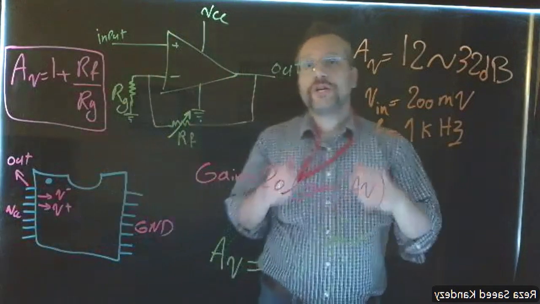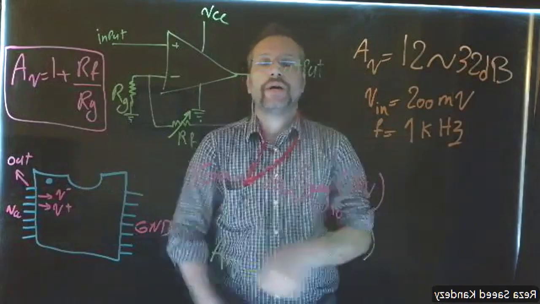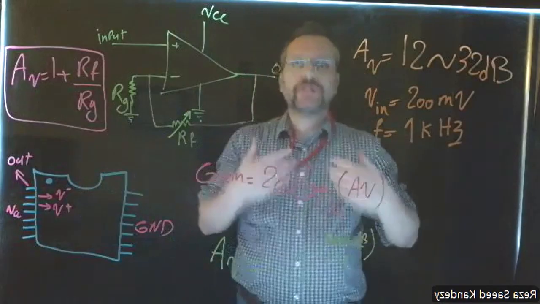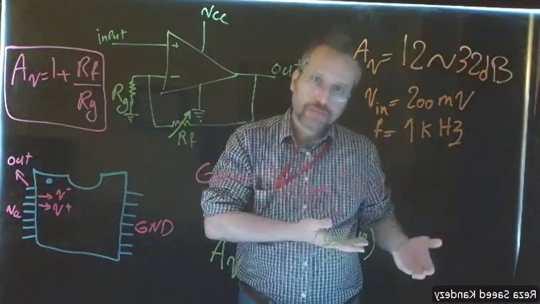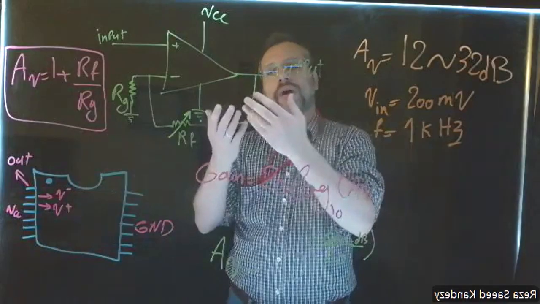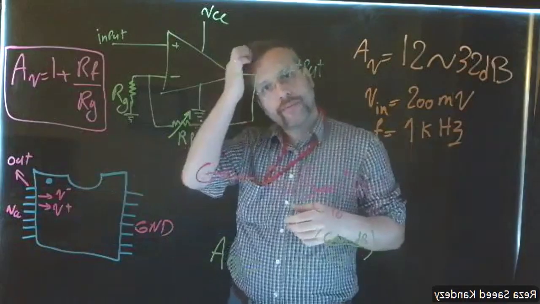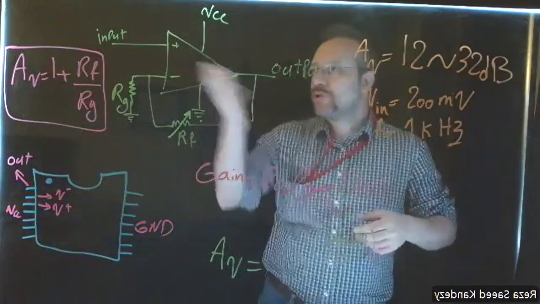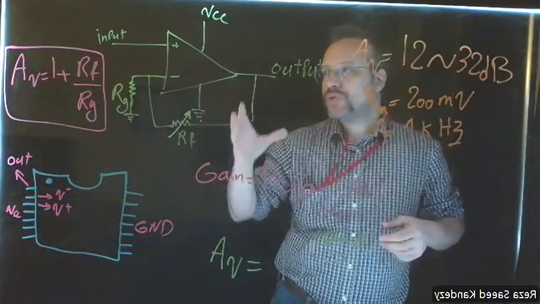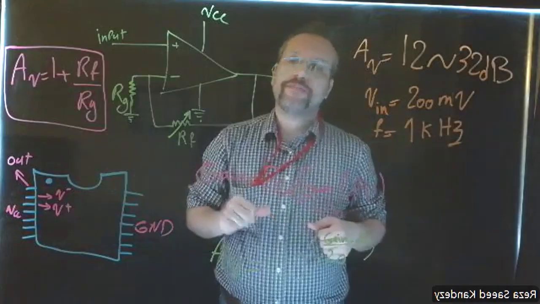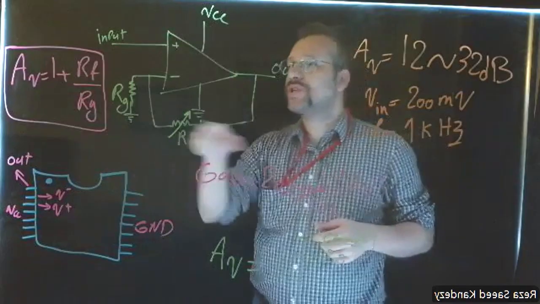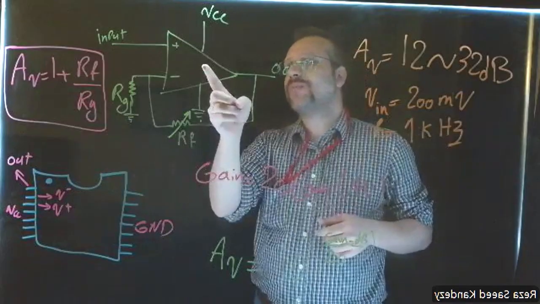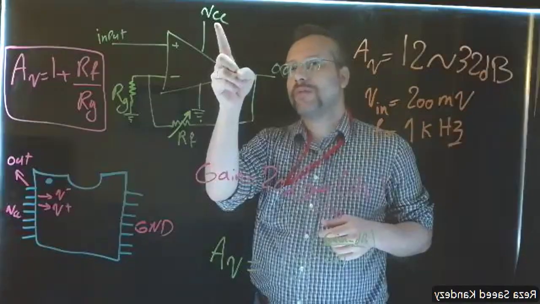Okay, let's talk about how we could design an adjustable amplifier, meaning we have adjustable gain for an amplifier using the op amp. As you can see, we are going to use a non-inverting amplifier for this example. In our circuit, you can see we have the amplifier, which is supplied by VCC.